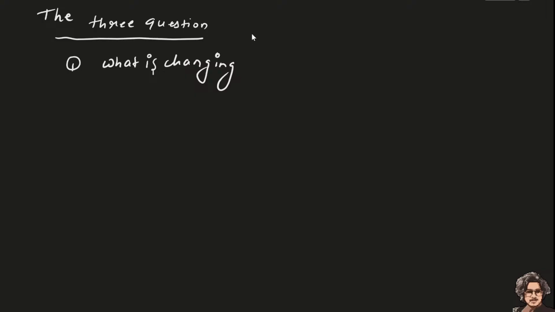The answer is that we are changing this n, this index. The node is changing, and the string is changing. Pointers are changing. So these are the things that are changing.